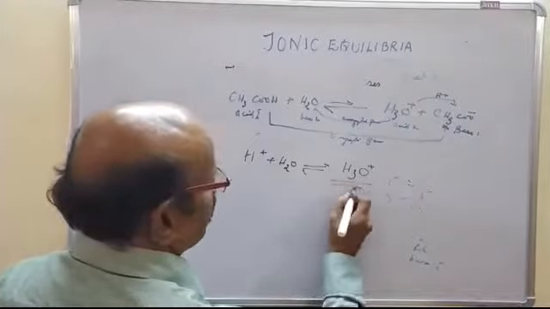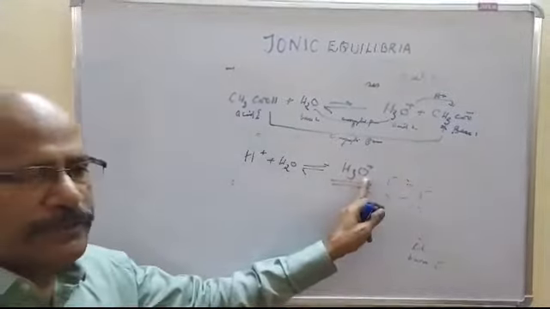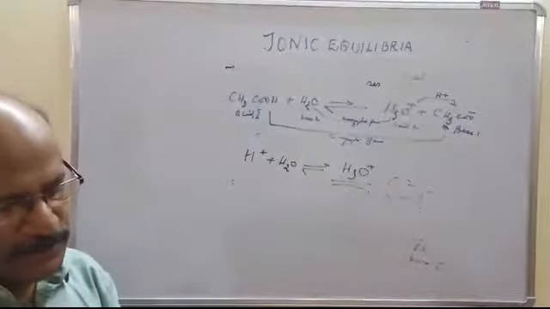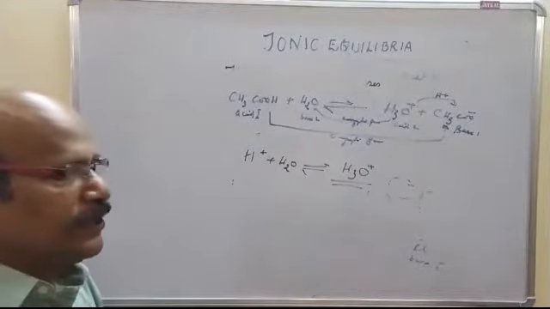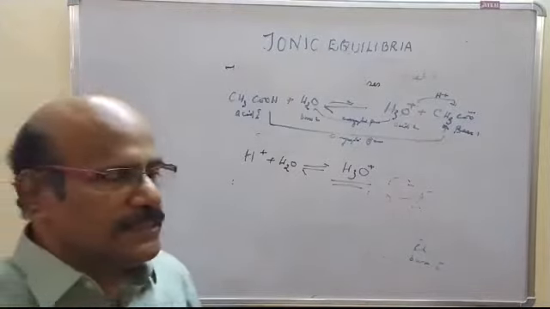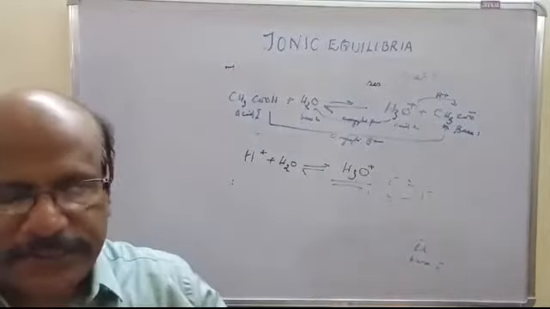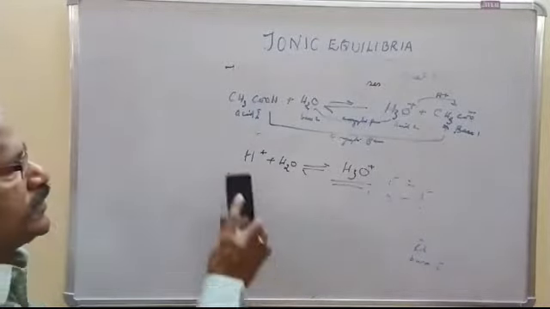So H plus ion in water exists as the hydronium ion, the most stable species. And another interesting thing is that according to the Lowry-Bronsted concept, the water solvent molecule can act both as an acid and as a base, so it is considered an amphiprotic solvent.